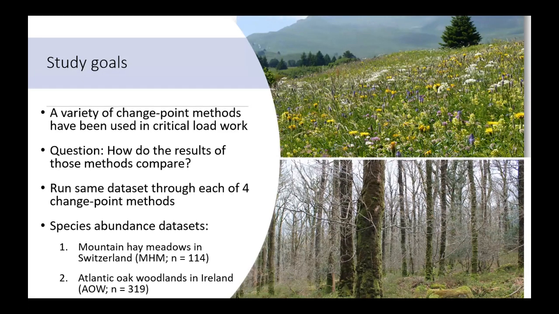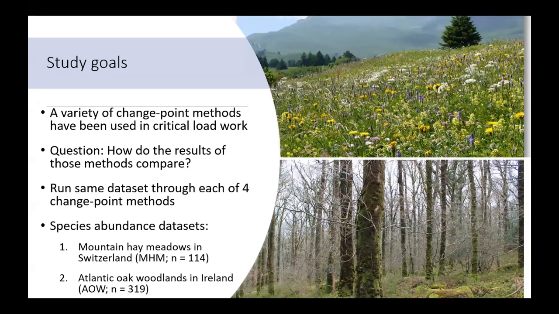What we didn't know was how the results of those statistical tools compared. So we didn't know if we were comparing Granny Smith to Empire apples or if we were comparing apples to oranges. There is a very straightforward solution to answer our question. We would just take the same data set and run it through all of those models to see what would happen. So that's what we did.